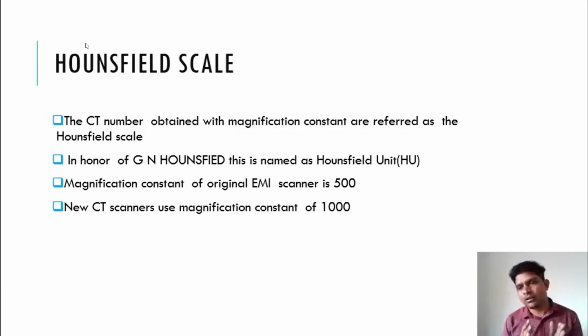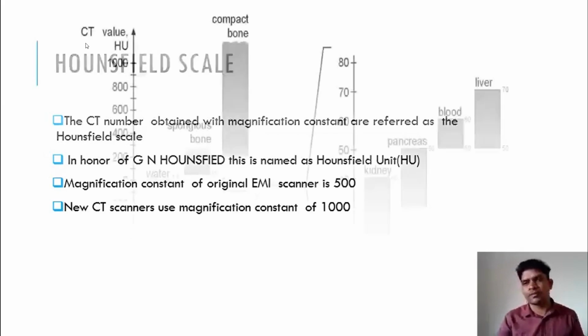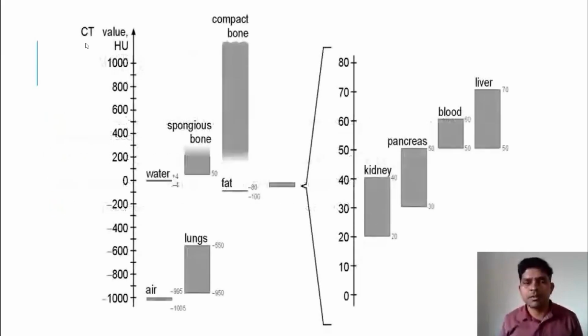Originally, with the EMI scanner, the first generation, the number was 500. Later, what is used presently is 1000. So you can see here the scale, the different values present here.